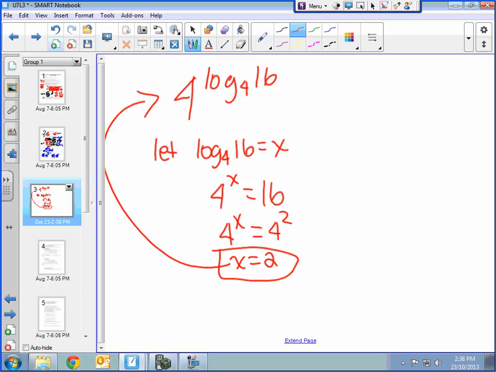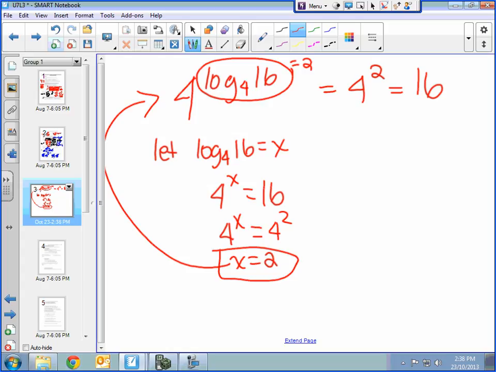So this right here is equal to 2, right? Is everyone okay with that? So this is equal to 4 squared. Are you okay with that? Since all of that is equal to 2, I can rewrite that as 4 squared, which is what? 16.